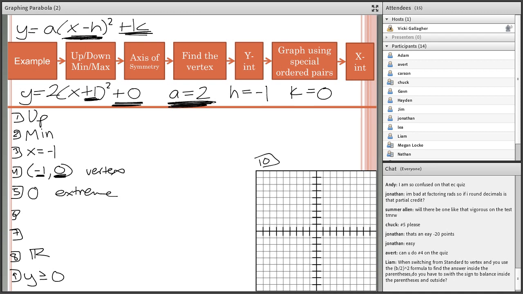I'm going to graph before I say my x and y intercepts. So for my graph, my axis of symmetry is at negative 1. Okay, and now I'm going to graph my vertex. My vertex is at negative 1, 0. And guys, I just put a dot on the x-axis.